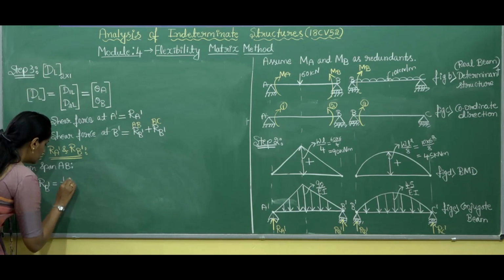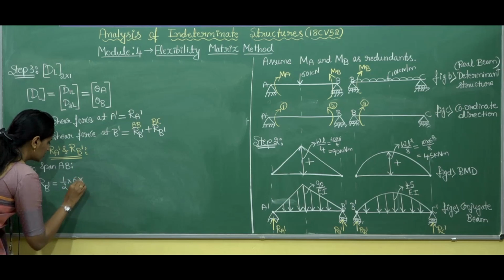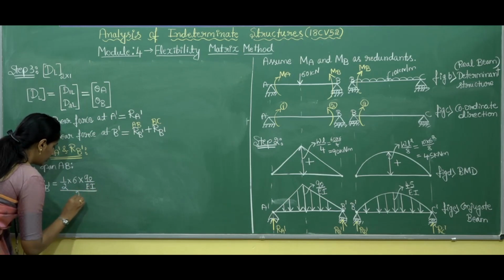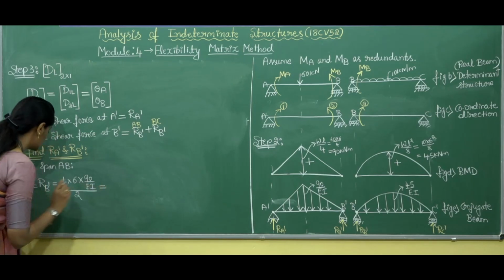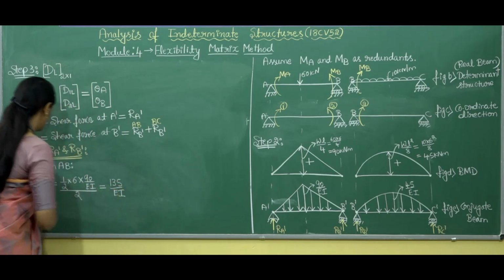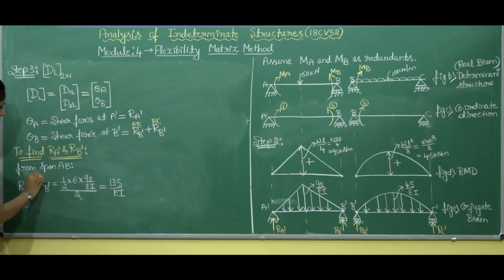So total load here is half into base into height, which is 90 by EI, this is the total load, whole divided by 2, and by solving this equation we'll get the answer like 135 by EI. So this is for span AB.